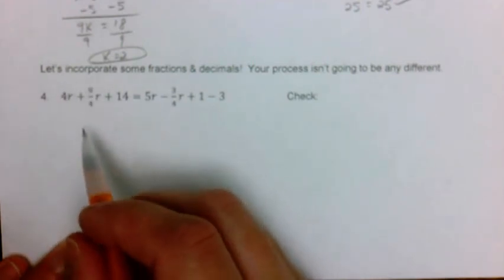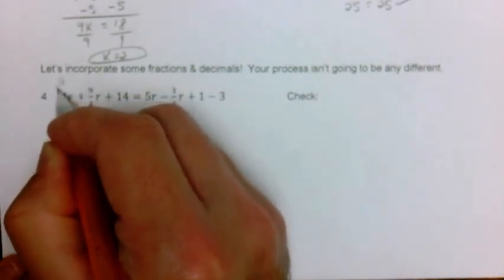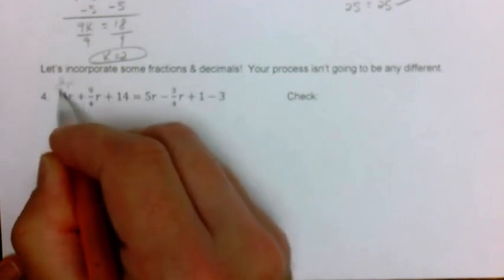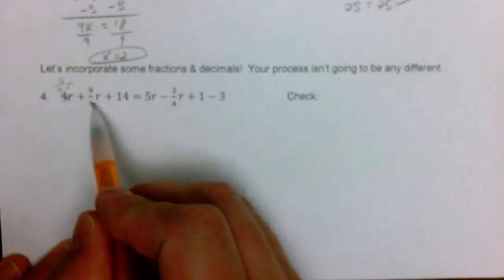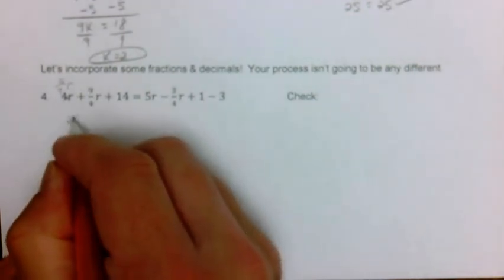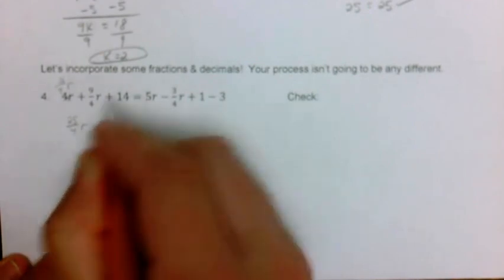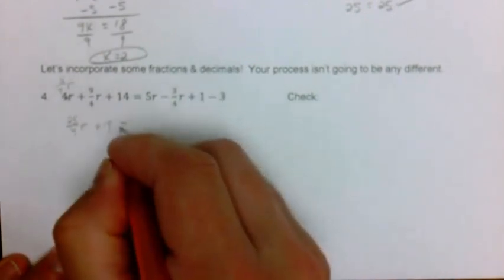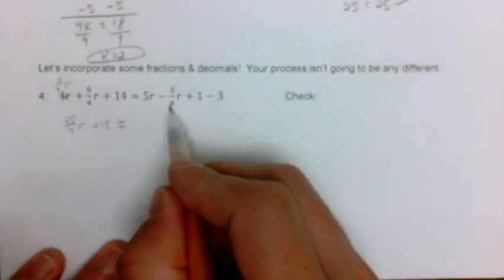I'm going to add those together. 4r is the same as 16/4 r, since 16 divided by 4 is 4. So I'm going to add 16/4 r with 9/4 r, which is going to be 25/4 r. Plus the constant 14 has nothing to combine with, equals, on the right-hand side, 5r minus 3/4 r.